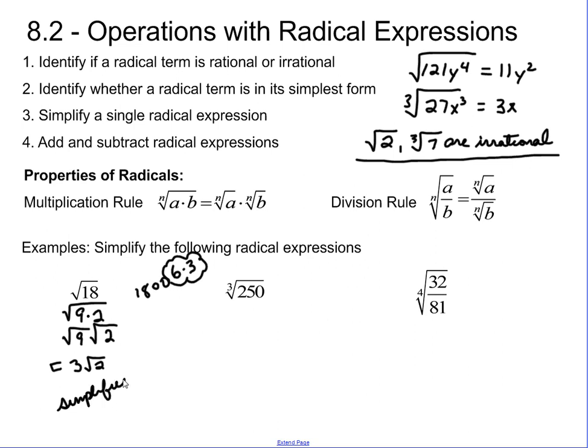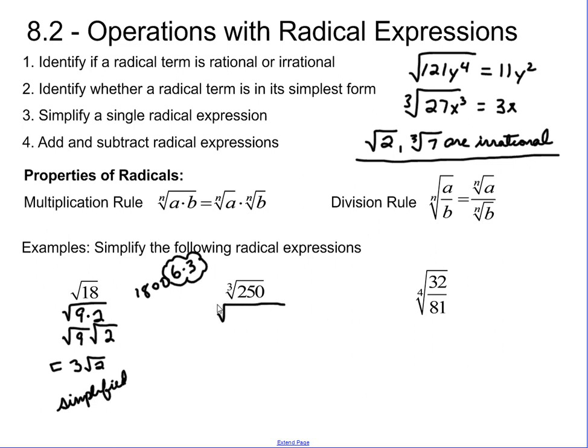So when we're simplifying radical expressions, what we're looking for are square roots or cube roots or something like that that have no more perfect cube or perfect square or perfect root factors. Those are factored out. So let's talk about another one here. Let's try the cube root of 250. Are there any perfect cube factors of 250? That's right.